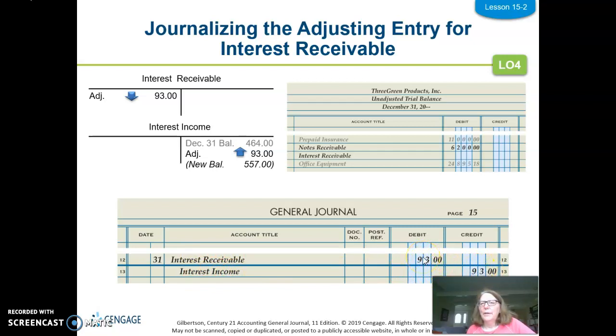So if it was me calculating this, I would still do the interest calculation as P times R times T, and I would take the principal times the rate, and the time would just be the 30 days out of 360 that I earned. Okay? So I've earned 30 days worth of it.